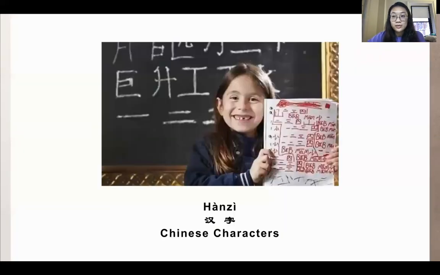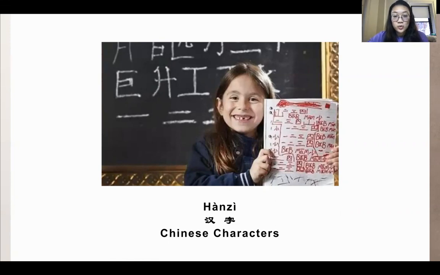So I want to also introduce the two important parts of the Chinese language. The first one is 汉字, the Chinese characters. So Chinese has a totally different system than the other Romanized languages. We write our language in Chinese characters.